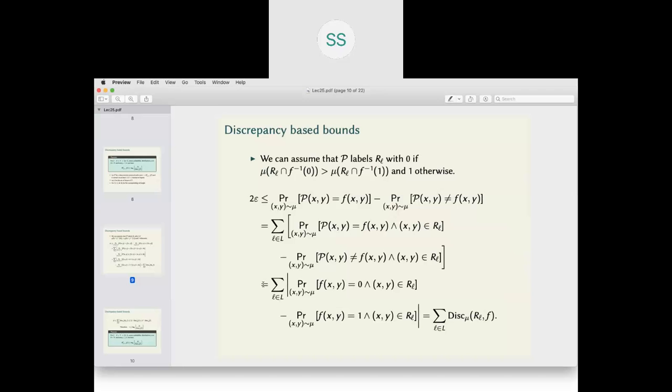No, sorry, we don't need that over there. We need it in the second equality, because when we write this as a summation of this, we are assuming that... do we assume anything there?